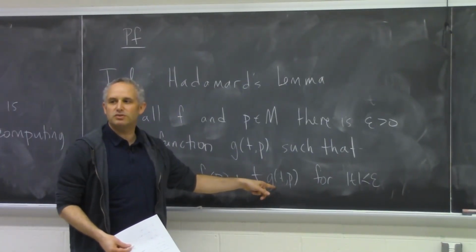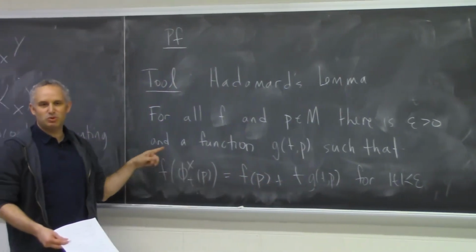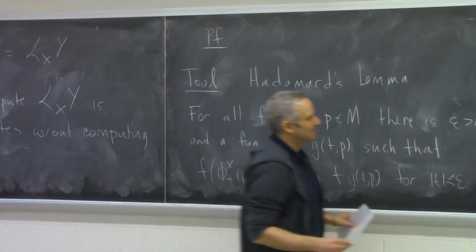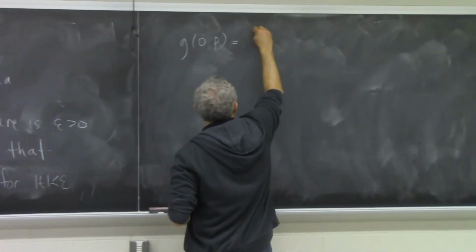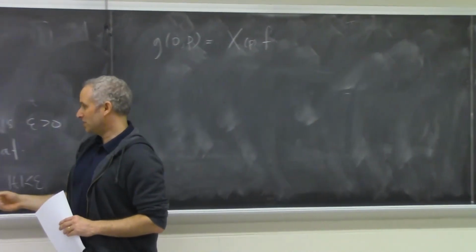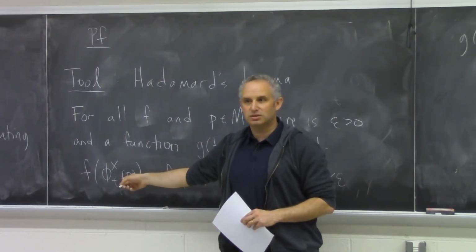This should be the derivative of something, right? It should be the derivative of this thing with respect to t. What do we know that to be? That's x at p acting on f. If we take the derivative of this with respect to t at t equals 0, that's by definition what that is.